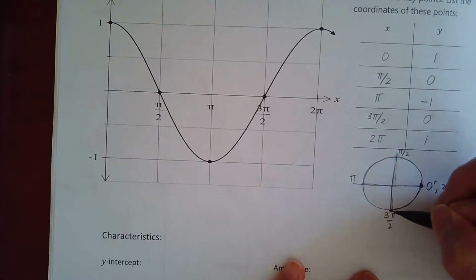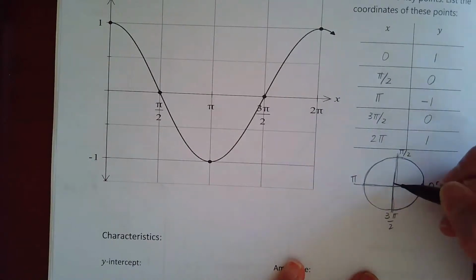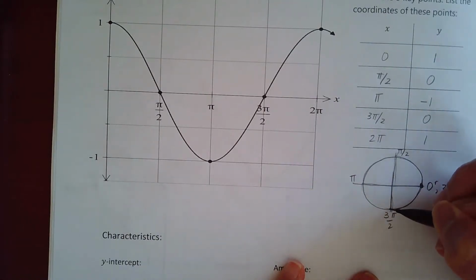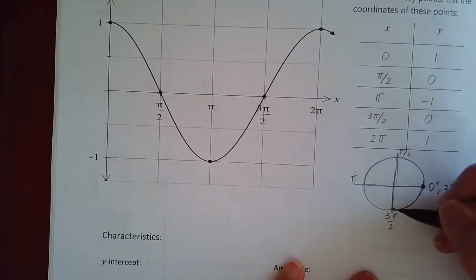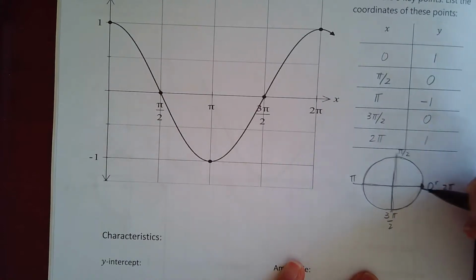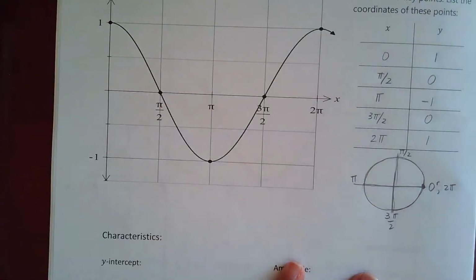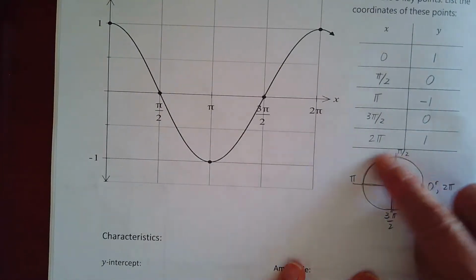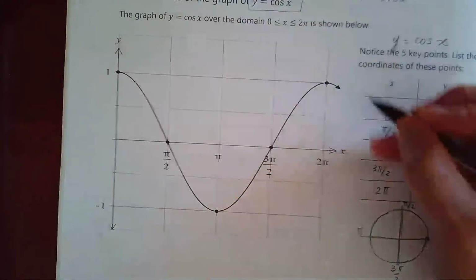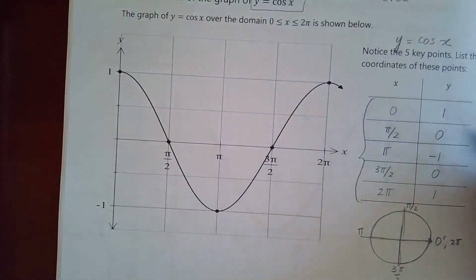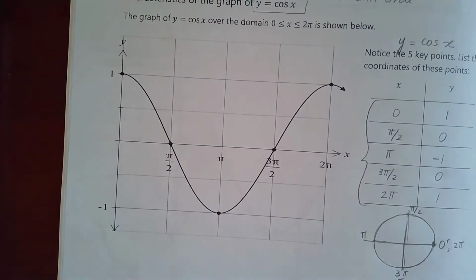And then at 3 pi halves, I am at 0, because I'm not on the left and not on the right, it's just 0. And then back here at 2 pi, I'm back at x being 1. So these are the key points that drive these things, right? Key points.